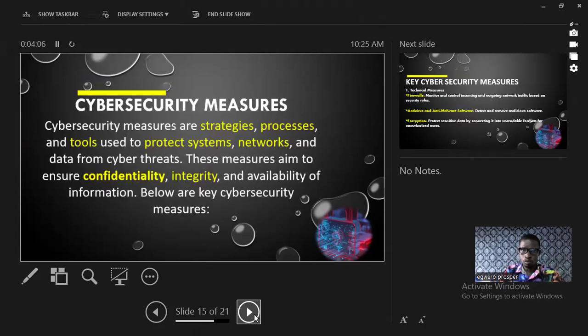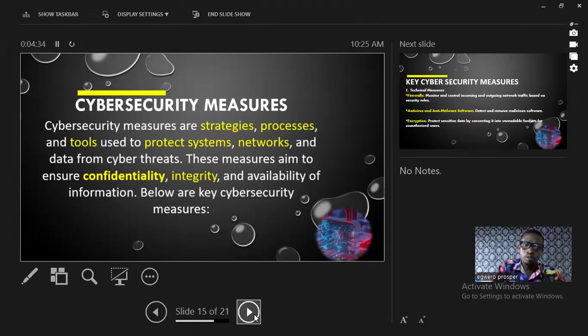All right. So we now started looking at cybersecurity measures, out of which we were able to identify different categories of security measures. And we said that cybersecurity measures are strategies, processes, and tools used to protect systems, networks, and data from cyber threats.